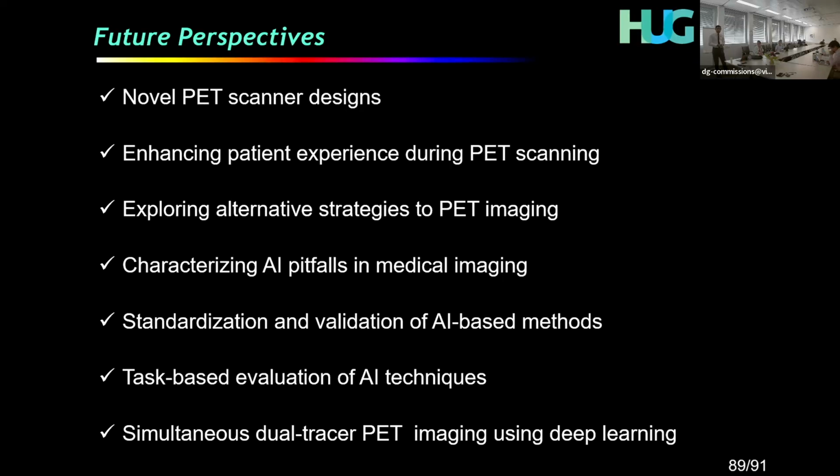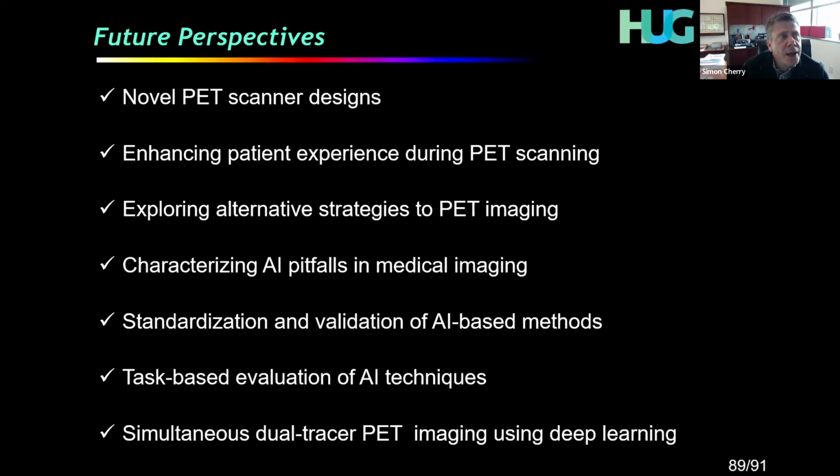So maybe we can ask the physician to give a positive or negative amyloid status, and then based on that we can calculate a ROC curve and see, okay, if the improved images by AI can compete with the full dose. I can imagine several scenarios in which we can use this task-based evaluation.